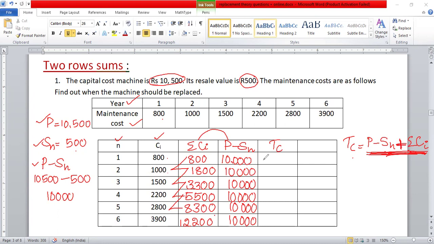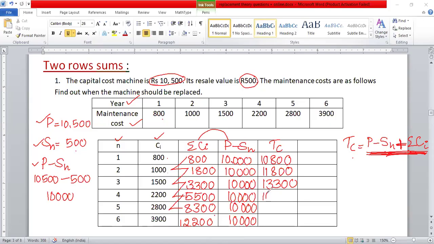Okay, first one 10,000 plus 800. So that is called 10,800. Similarly, 10,000 plus 1,800, that is equal to 11,800. Then 13,300. Okay.